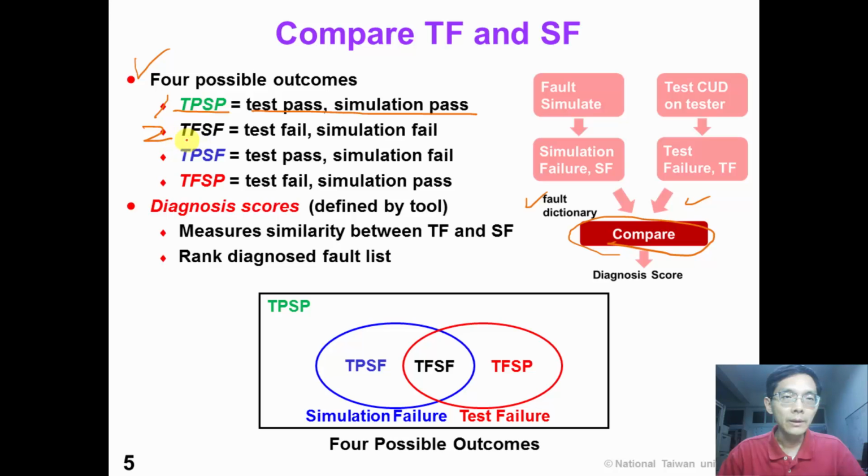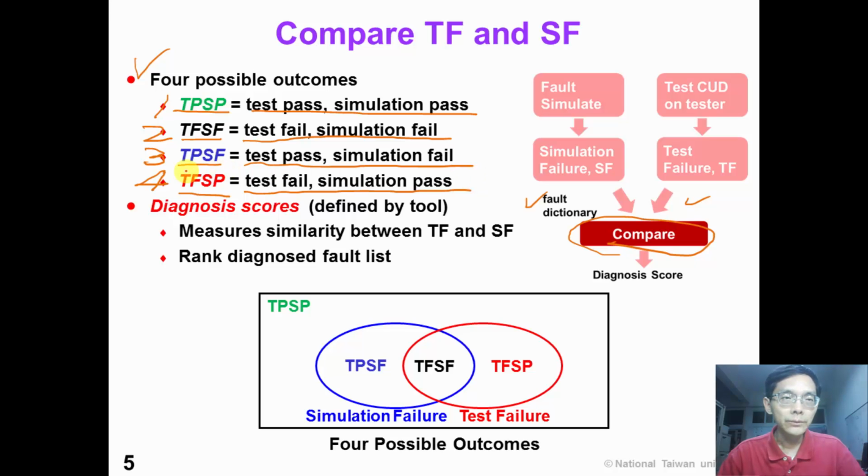Second, TFSF, test fail, simulation fail, which means the circuit fails on the tester and also fails in the simulator. The third case is TPSF, test pass, simulation fail. That means the circuit passed on the tester, but we see simulation fail in the simulator. And the fourth is TFSP, test fail, simulation pass.